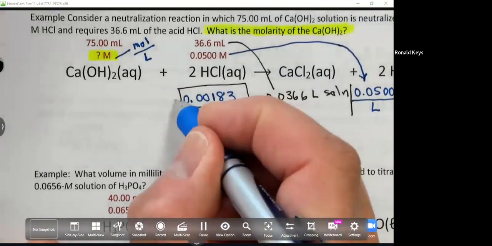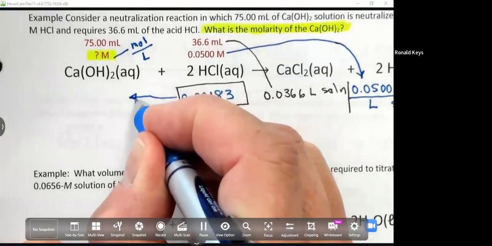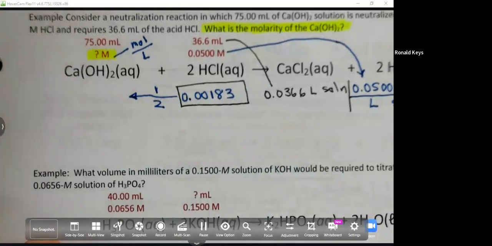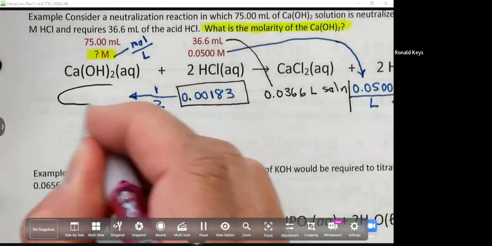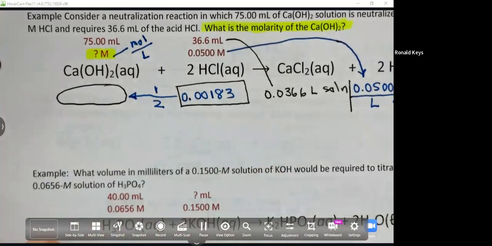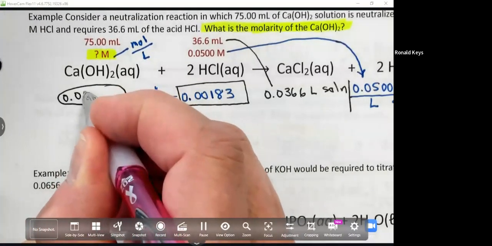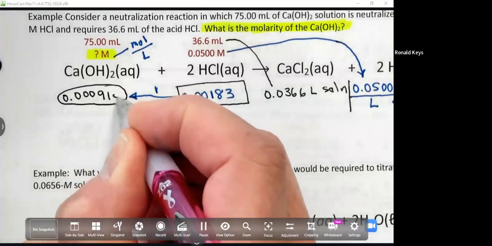So my mole ratio fraction going this way is 1/2, right? So my moles here is 0.000915 moles.